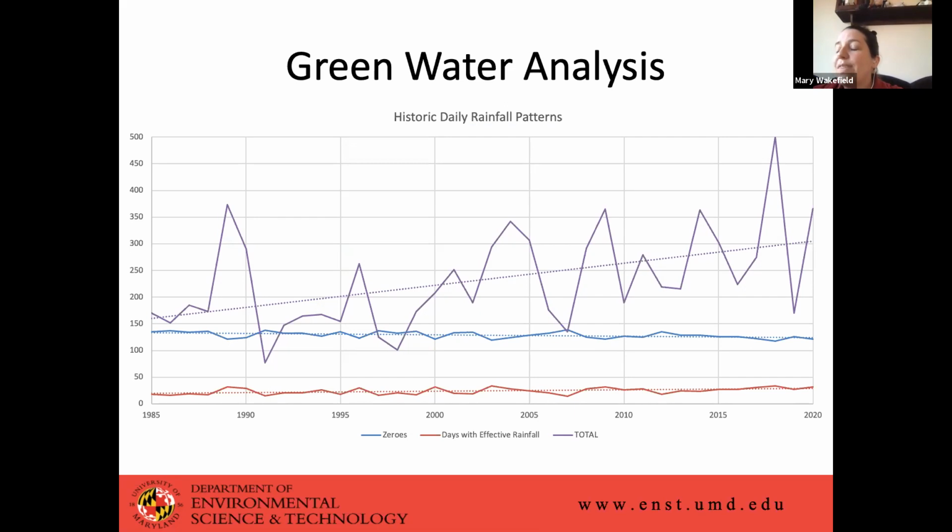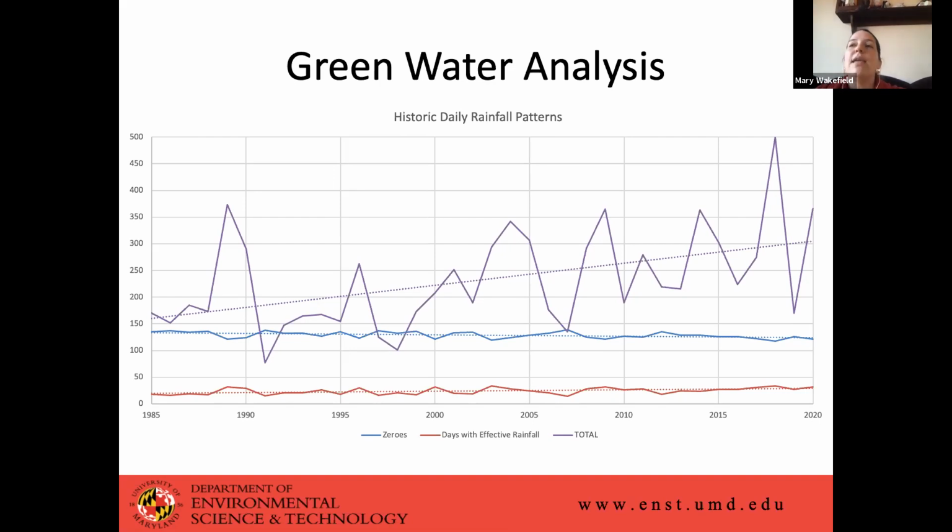However, your days with effective rainfall, or your days without effective rainfall, your zeros, those blue and green lines, are staying pretty consistent. So what that tells us is that even though we are getting more rain overall year over year, we're not getting it in more days with rain. We're just getting larger, heavier storms when we get them.